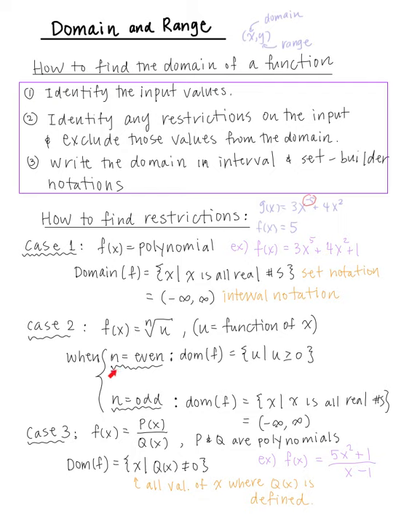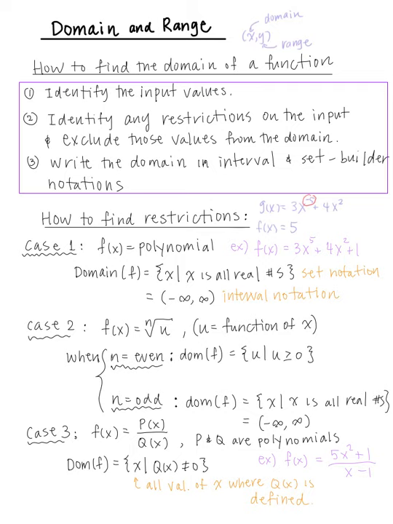So let's first go with when n is even. Examples: square root, fourth root, sixth root, and so forth. The domain of f is going to be the set of u such that u better be greater than or equal to 0. Now, u is the one that sits underneath the root sign.